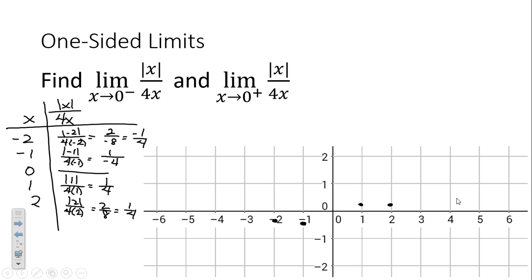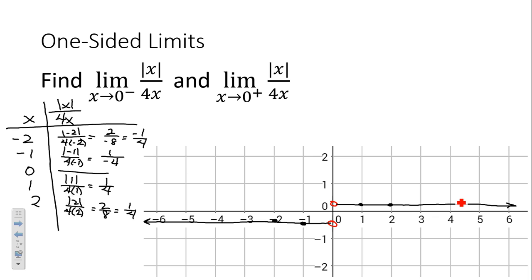Yes, at 0 we're going to put an open circle. Then we're moving it to the left, straight line, to the right, straight line. So when we evaluate these two limits, the limit as x goes to 0 from the left of the absolute value of x over 4x is going to be what?